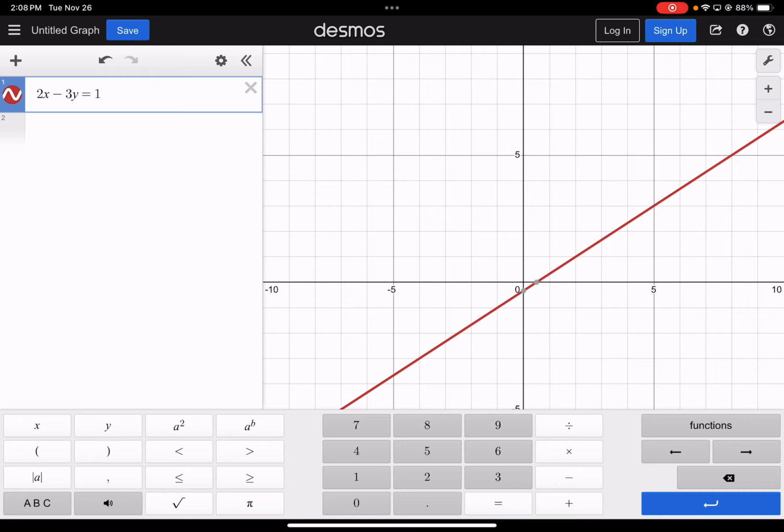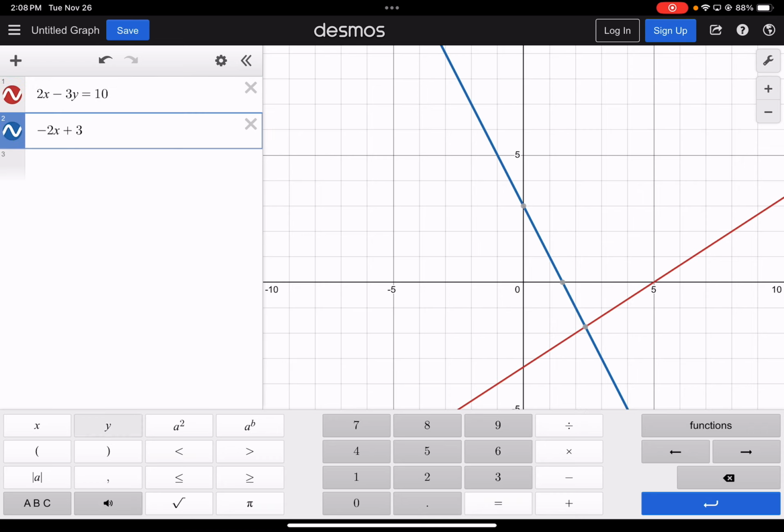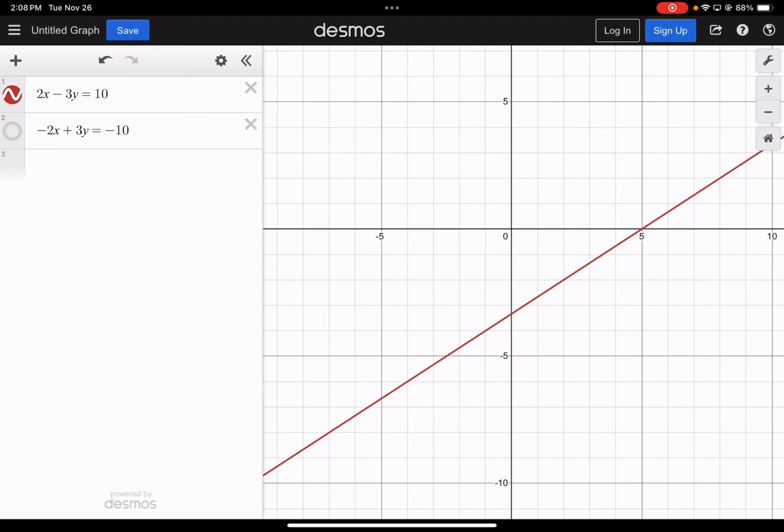So here's that line. Then I'm going to graph negative 2x plus 3y equals negative 10. Here is line number 1, and here's line number 2. They are the same line. We share an infinite number of coordinates.